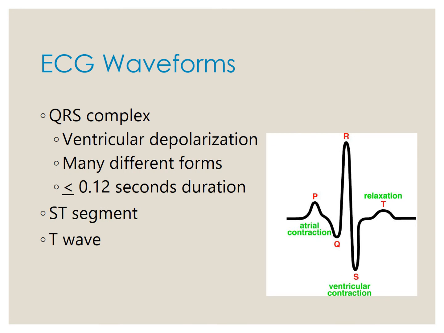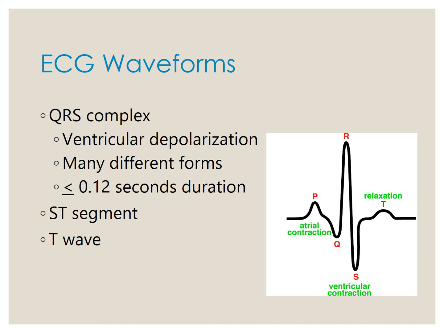Then we move on to the QRS complex. This again is your ventricular depolarization, so that's your ventricle contracting. It's a large complex of 3 waves, the Q, the R, and the S, as you can see on this diagram. Each QRS complex can look a little bit different, but regardless, they are always generically called the QRS. That's what we're looking for, a P wave and a QRS wave.